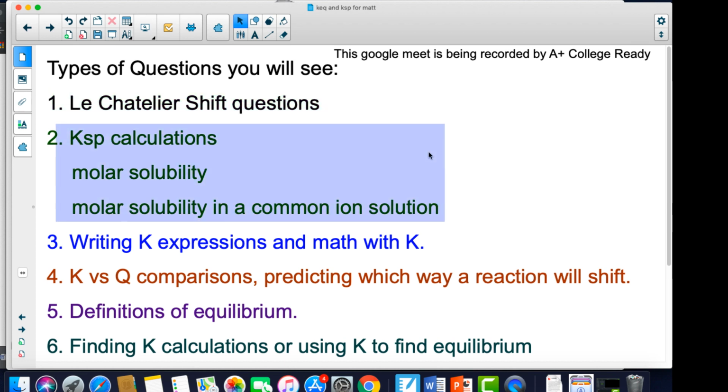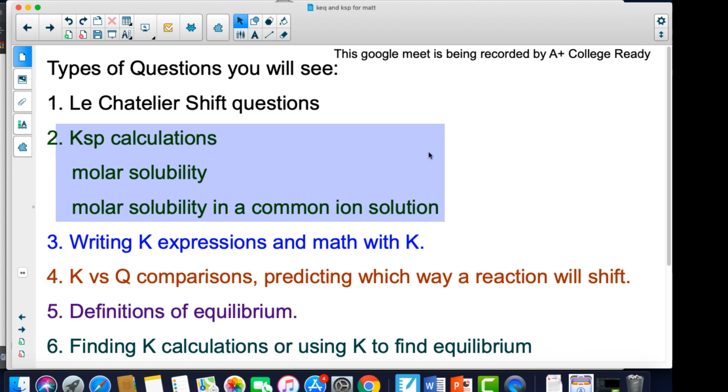You're also going to possibly see some Ksp calculations. They could ask you for molar solubility, and that just means when you dissolve something in water and it's saturated. So that means as much as can dissolve is actually dissolved. So when it's saturated, how many moles per liter will dissolve? That's the molar solubility.